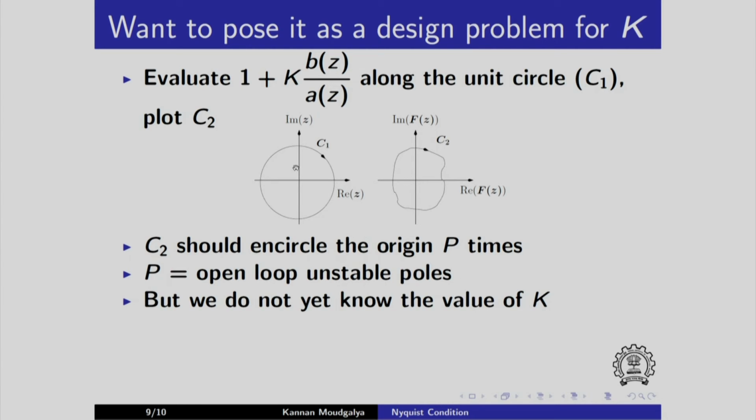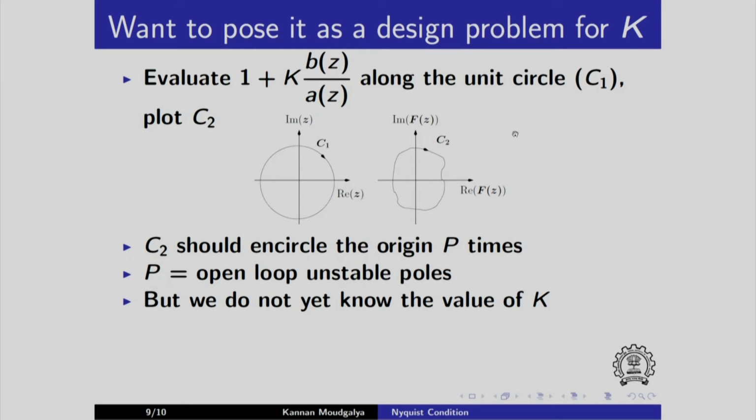But in order to plot this C2, we need to evaluate this factor at every point on C1. In other words, I need to know k before I can plot C2, but we do not yet know the value of k. If we know k, we can calculate C2, plot it and figure out whether the closed loop system is stable.